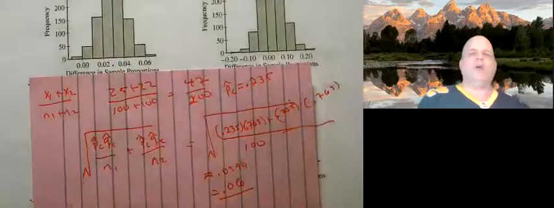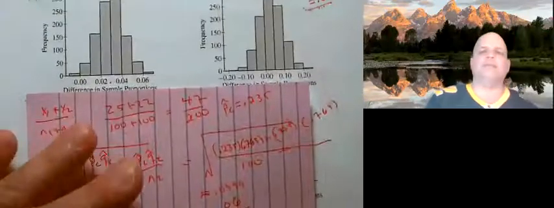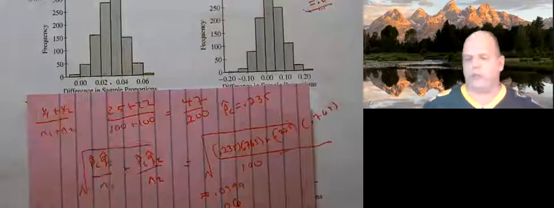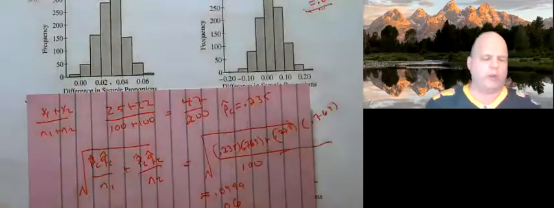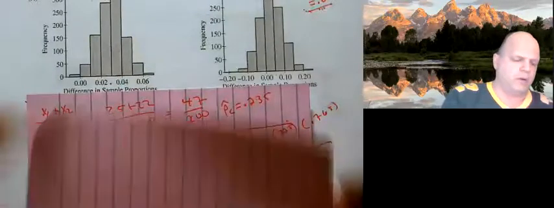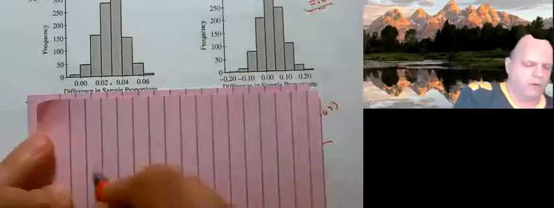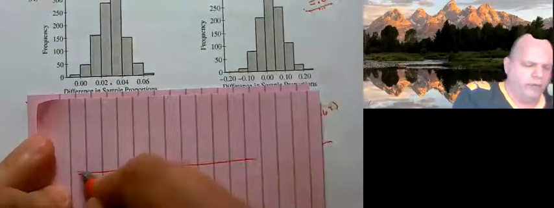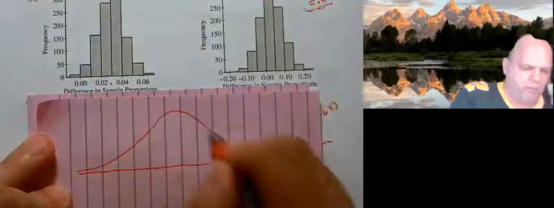Okay, so we're dealing with a normal curve. If we're starting off at a center, we know our center is going to be 0.03.